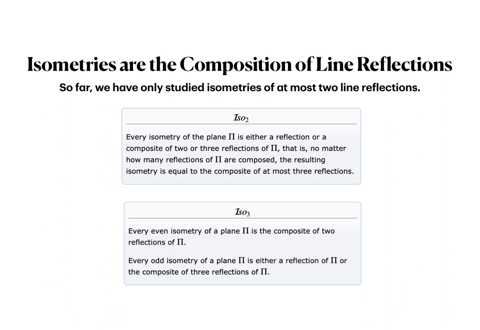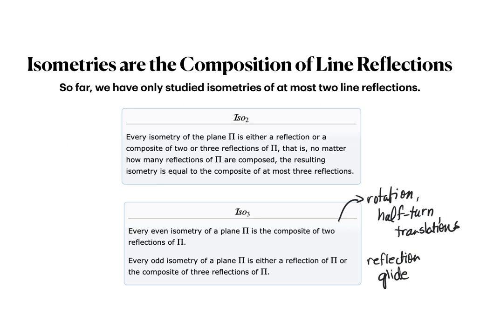There's only a certain number of isometries that I can have. The even ones are going to be rotations. I'll write half turns as separate, but they're kind of the same thing. And translations. The odd would either just be a plain reflection or a glide reflection.